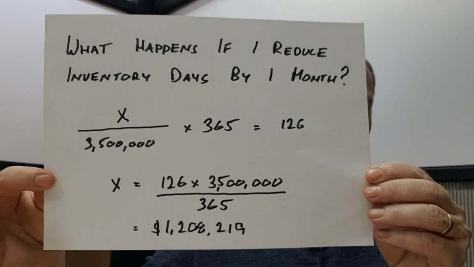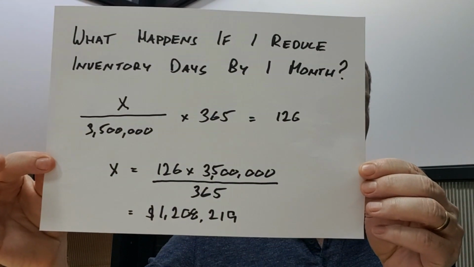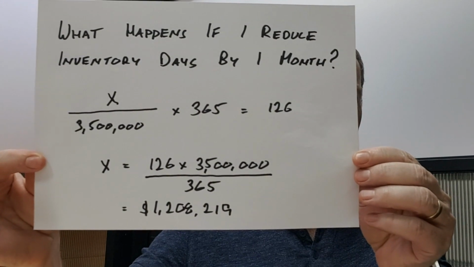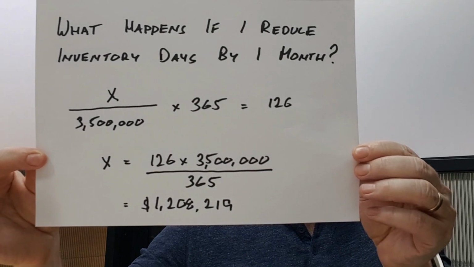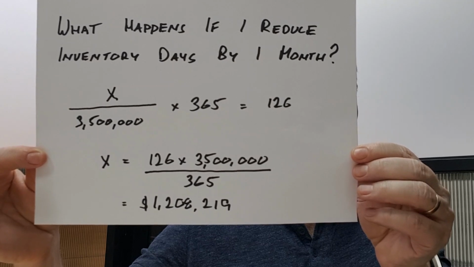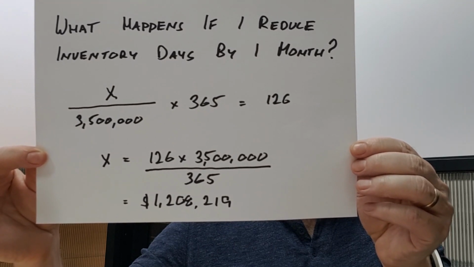So, using the magic of algebra and solving for X, where X is the value of my inventory, I can work out that to reduce my stock days down to 126, I need to lower my inventory level down to about $1.21 million.